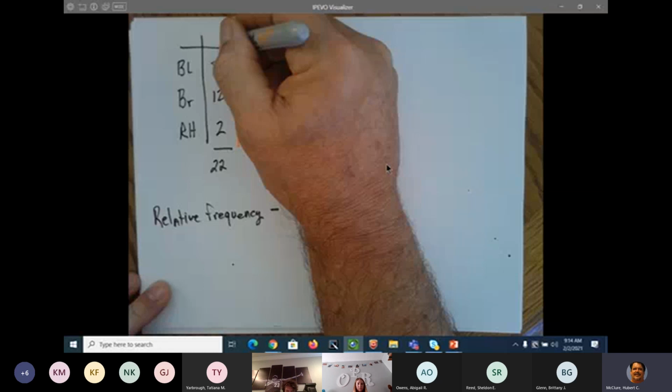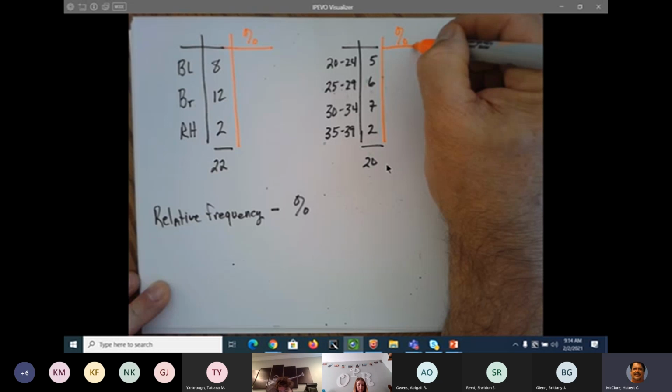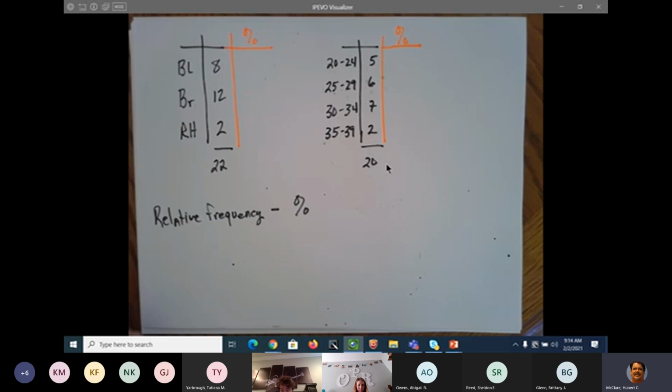We're going to call it percent. Now, what do you think I'm going to do to get a percentage? Does anybody have any idea, like from a high school probability course?